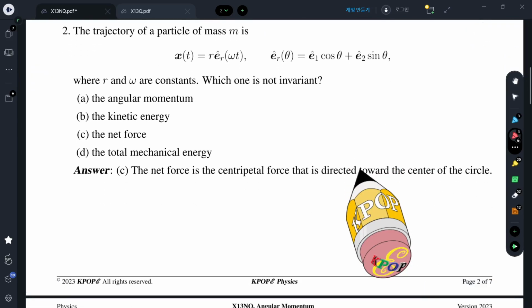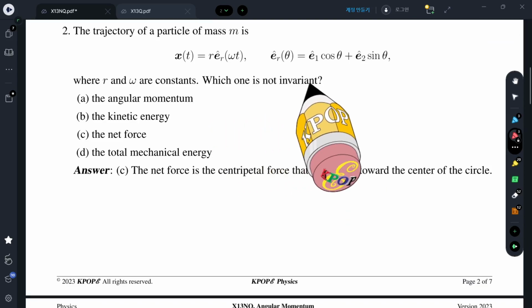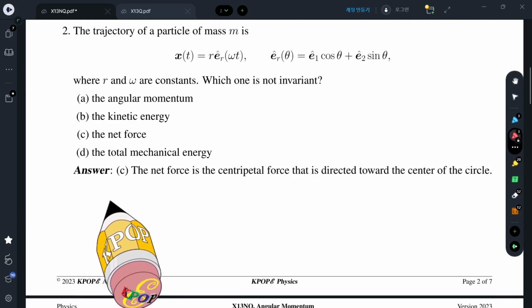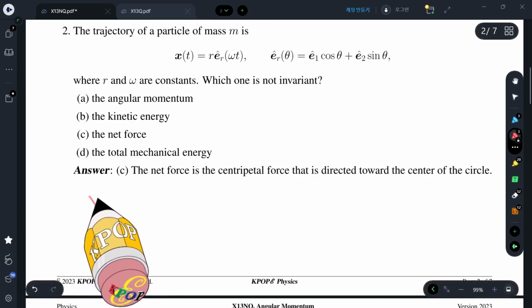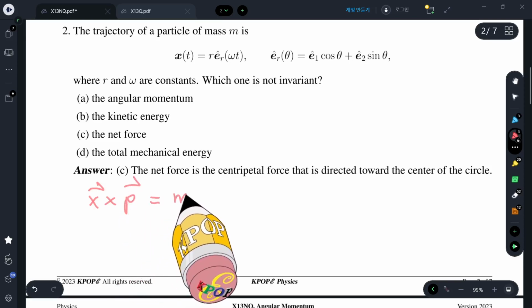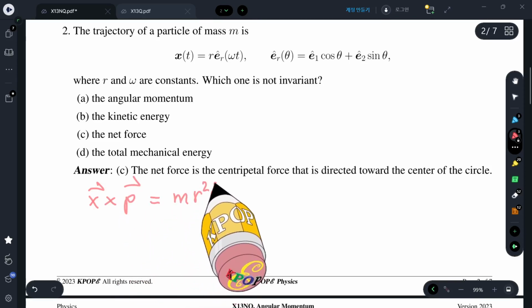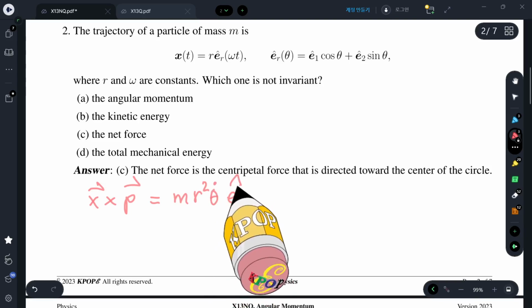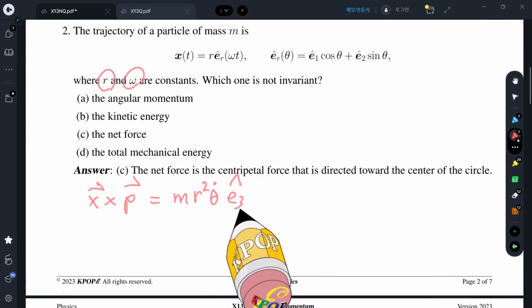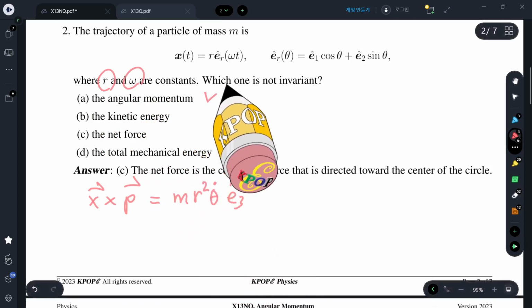Trajectory of a particle of mass m, the same problem. Which one is not invariant? Angular momentum: it was m r squared theta dot e_3 hat. Radius, omega, theta dot is omega, constant, so it's a constant.